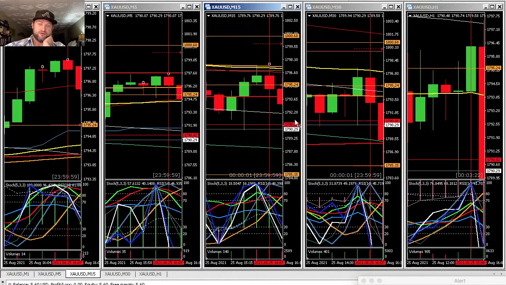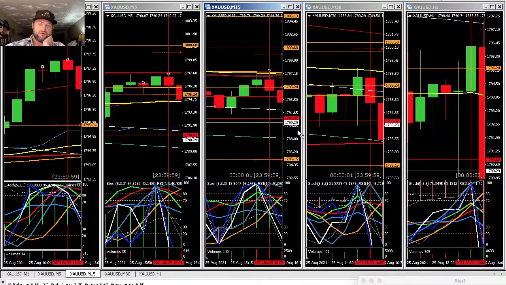Checking our moving averages, right? And you can obviously zoom out and check it, and you really need to. But anyway, I'm just saying, keep that in mind.